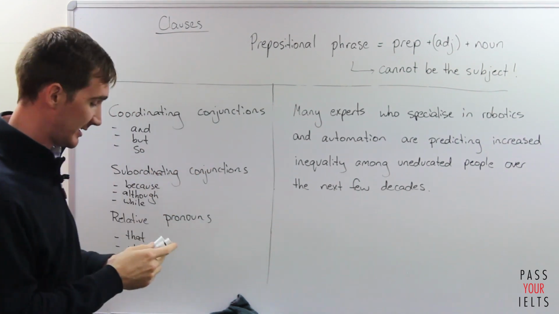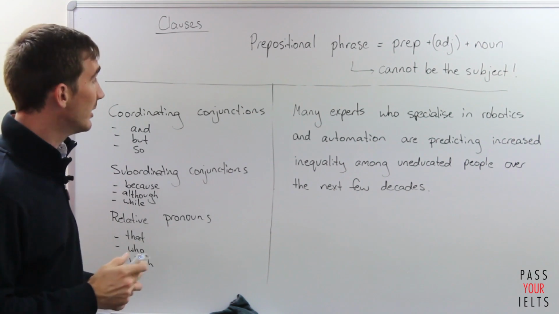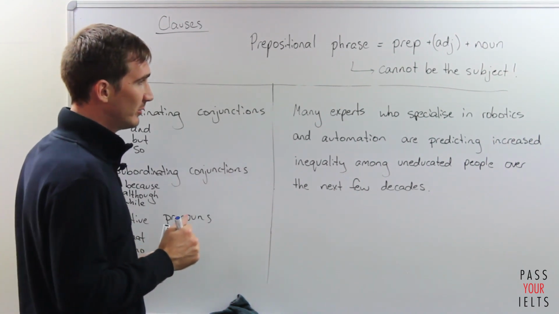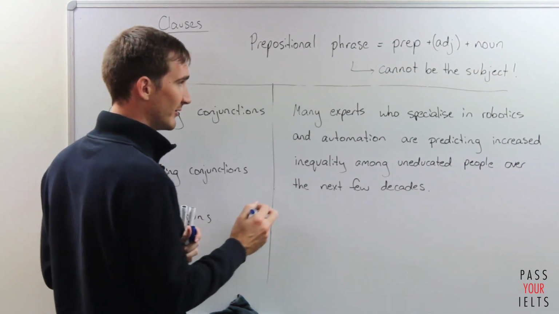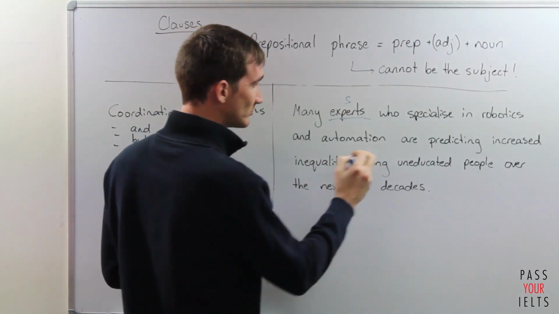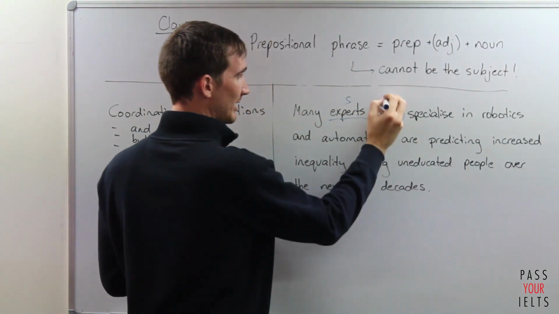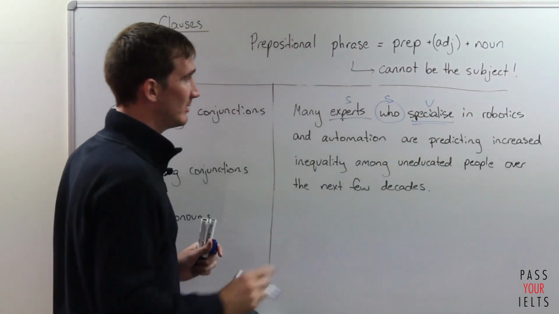Let's have a look now at an example from the previous sentence we saw earlier. It says, many experts who specialize in robotics. Let's go through the subject verb thing again. So experts, subject; who, connecting word and subject; specialize, verb. Now look what we've got.